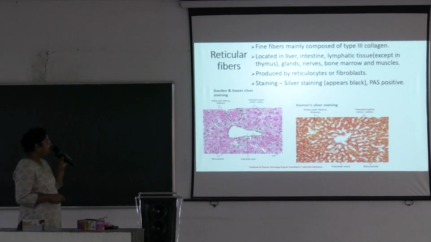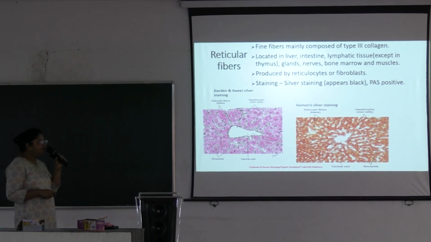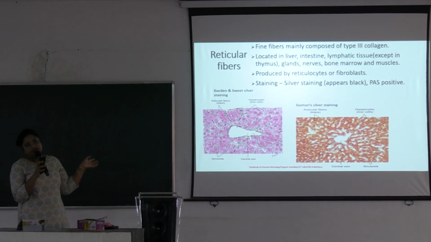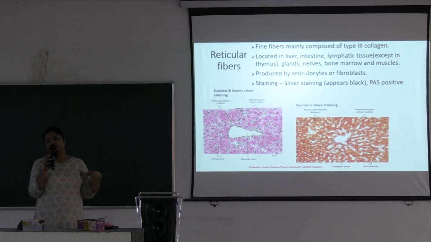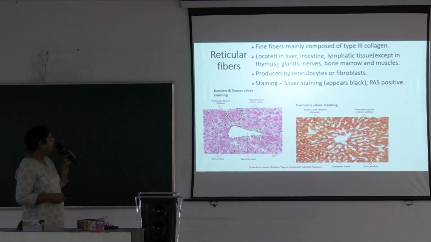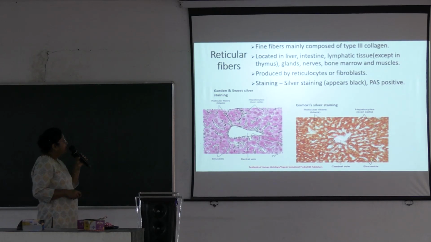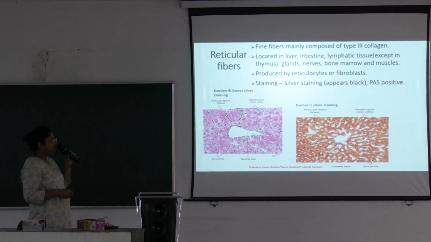This is a different staining of the reticular fibers. Okay, reticular fibers are present in liver and solid tissues. They lie within the parenchyma of these solid organs. This is liver. Okay, and this is also liver, different staining.